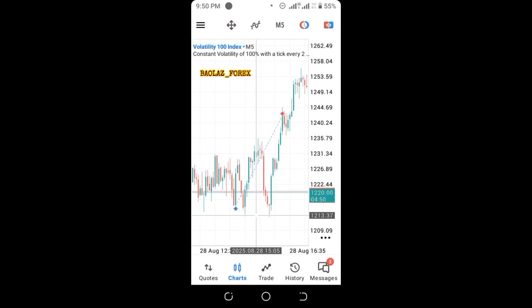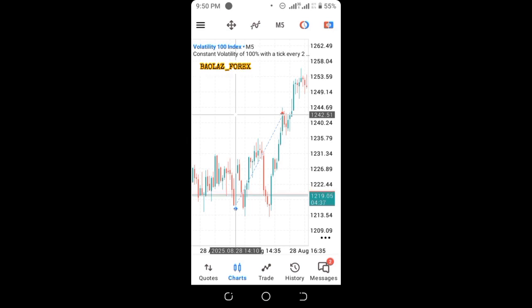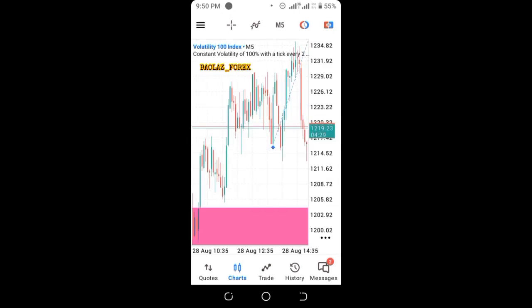So you have to be patient. Imagine I had already set my BE, which is the break even. The market would take me out, then later move back to my TP. So I was just coming back now, then I saw it. So that's the TP. You can see.